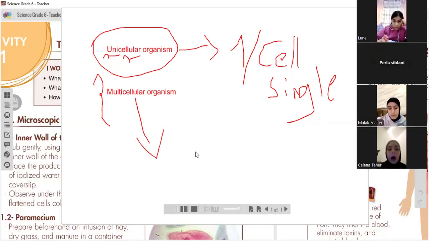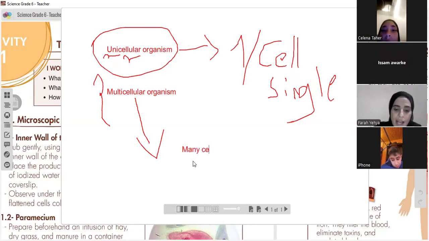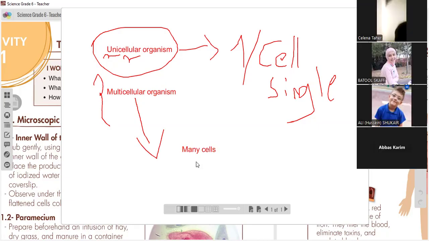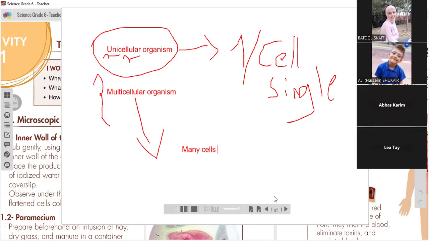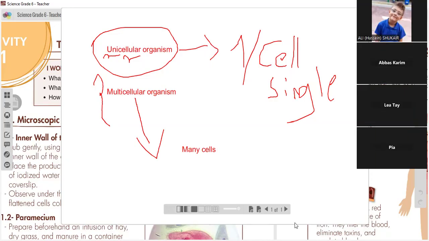Who can give me an example of living things made up of many cells, a high number of cells? Please raise your hand. Batul Iskaf. Green onion. Yes, excellent. Ali Shqeir.